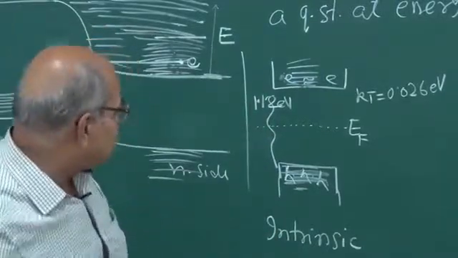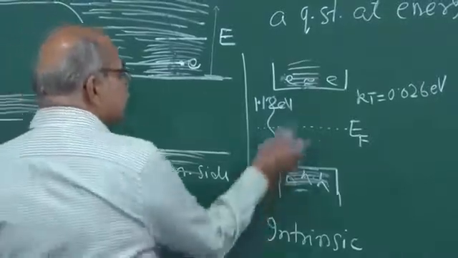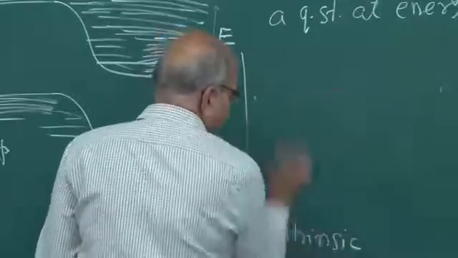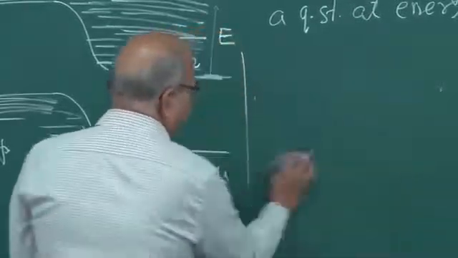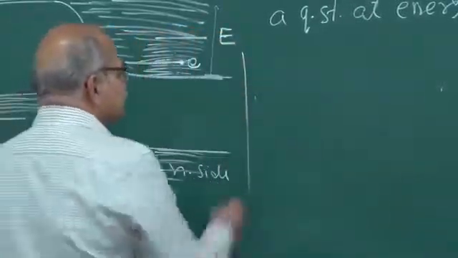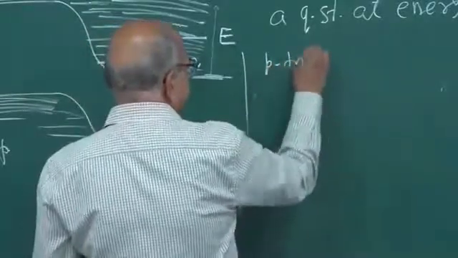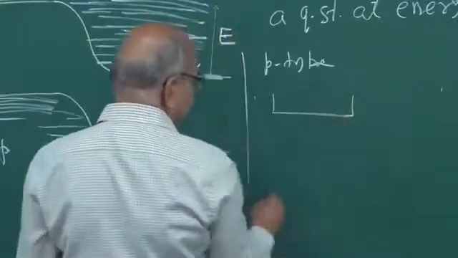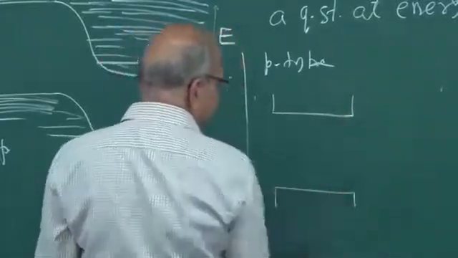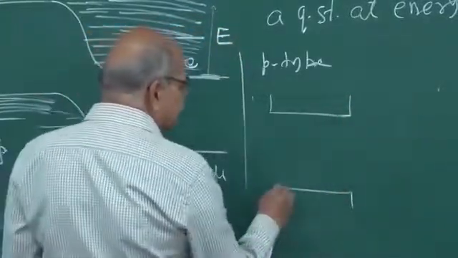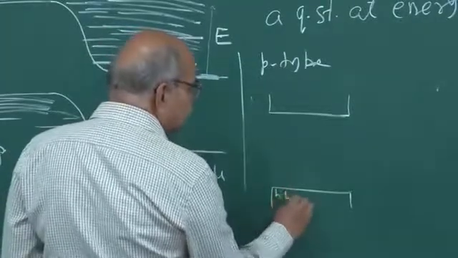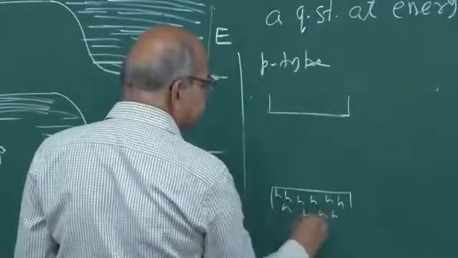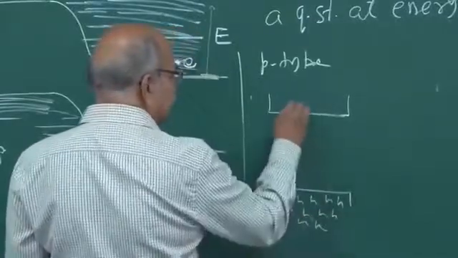And if you have a p-type semiconductor, what happens? You have the conduction band here, and you have the valence band here, and you have many holes and few electrons.